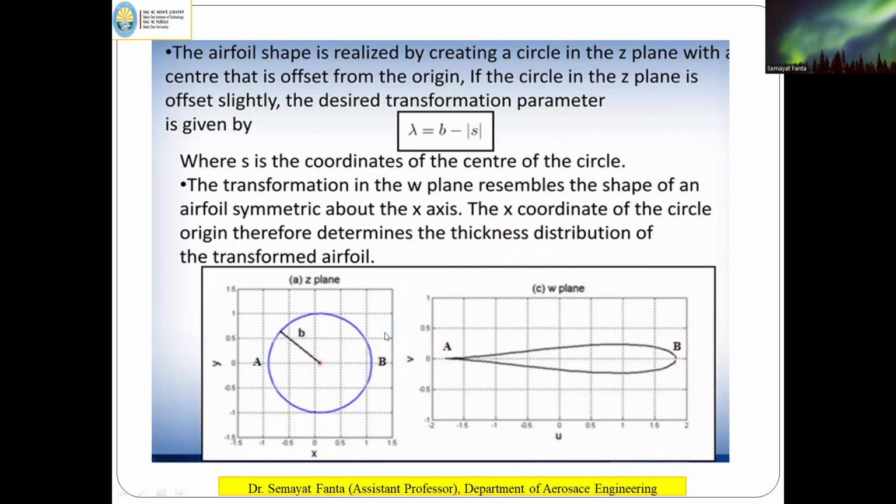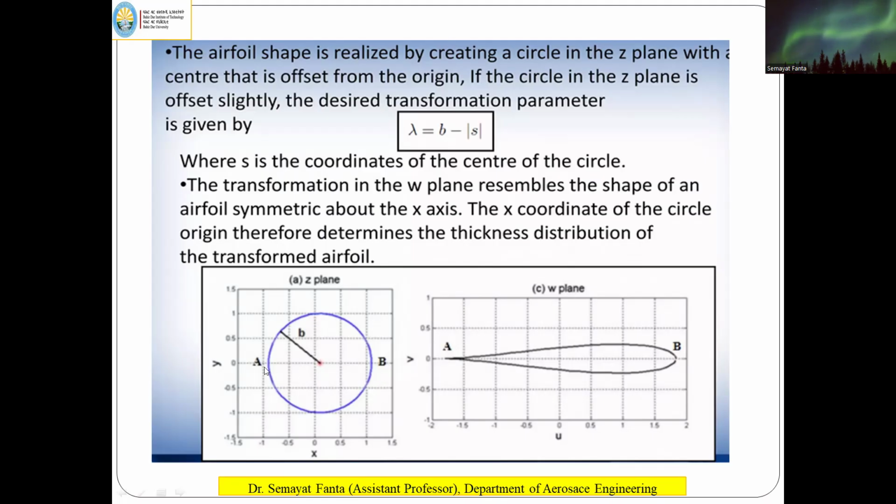So we have a circle here, and the transformation parameter lambda equals the circle radius minus some S. Immediately in the W plane, what we can get is the aerofoil shape.